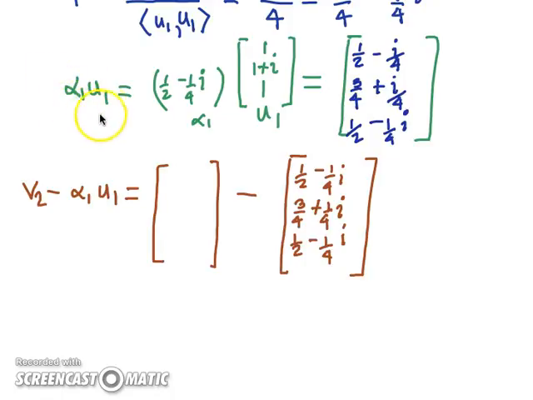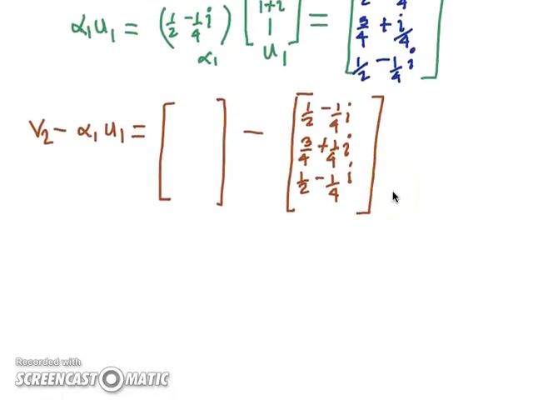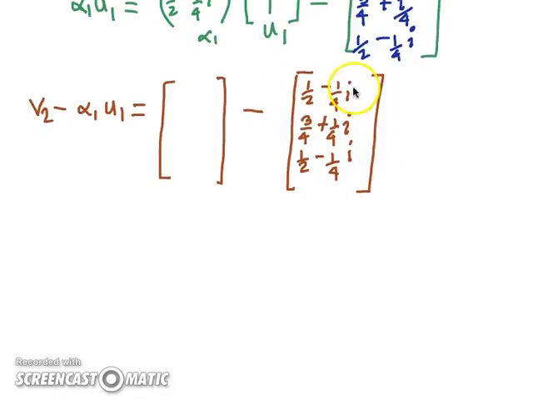We had already computed that scalar vector product, and that's going to be the vector that appears second in this subtraction. The first vector is v2, and that vector is no other than minus i, 1, and 1 plus i, right? So what we do next is that we carry out these calculations.